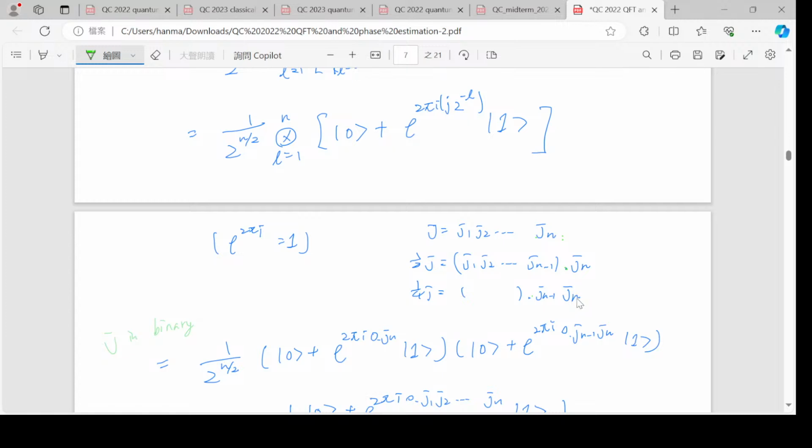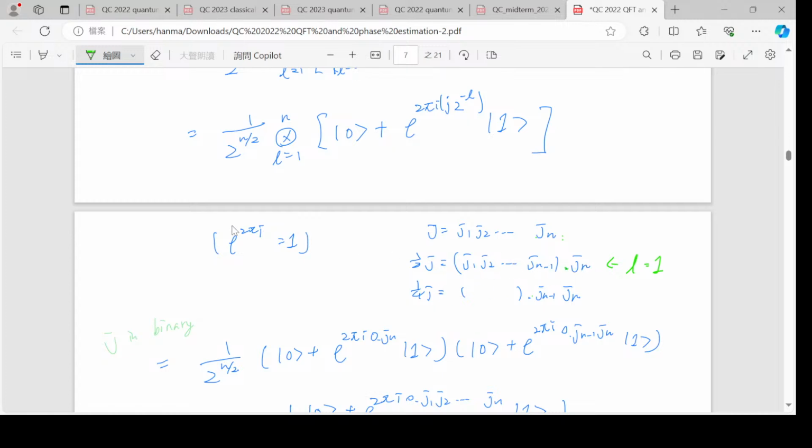But if you include this e to the 2 pi i, then you see that everything before the decimal point is useless. For example, for L equal to 1, you have j times 1 over 2 is j1 dot dot dot jn minus 1, point jn. This is a binary string with an integer part and then the point.